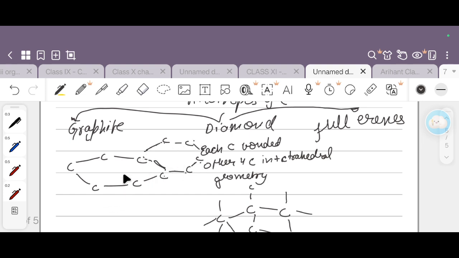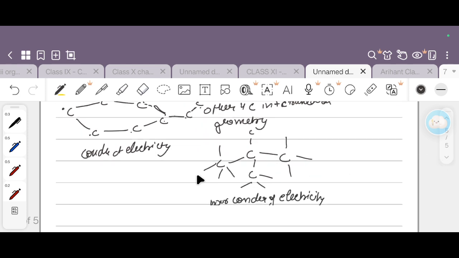As you can see, there is one free valence electron at each carbon atom, thus it will conduct electricity. And since these are formed in layers, the layers can easily slide over each other, making it best for grease that we can use in machineries.